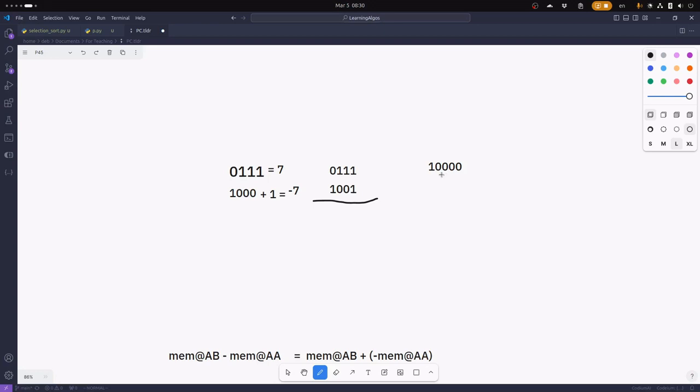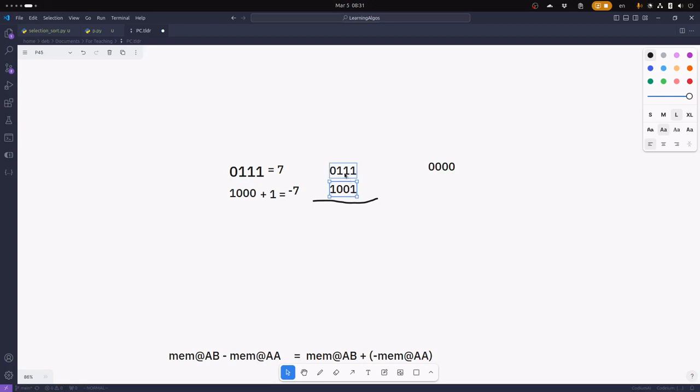Since we have 4-bit here and 4-bit there, and we added them up, we got a 5-bit answer. In that case, the first value is removed. We don't need to care about the extra first bit if we get more bits than we have.